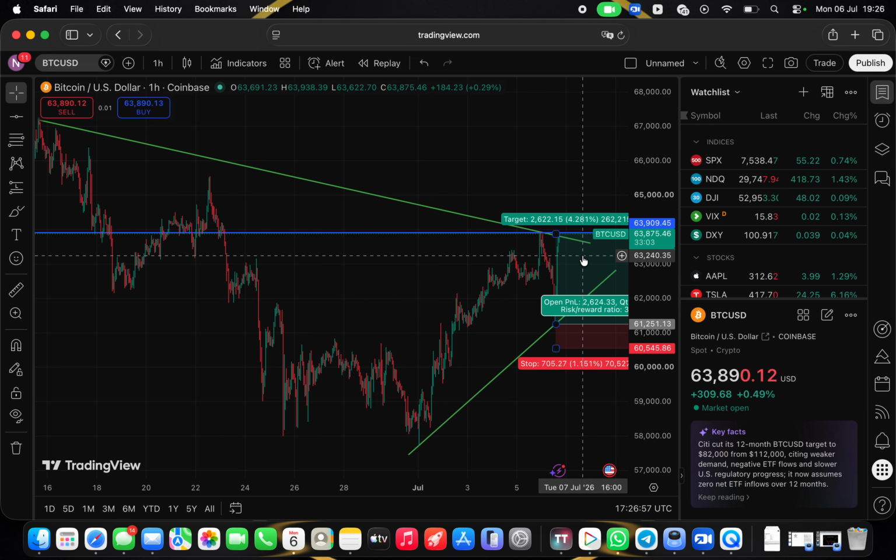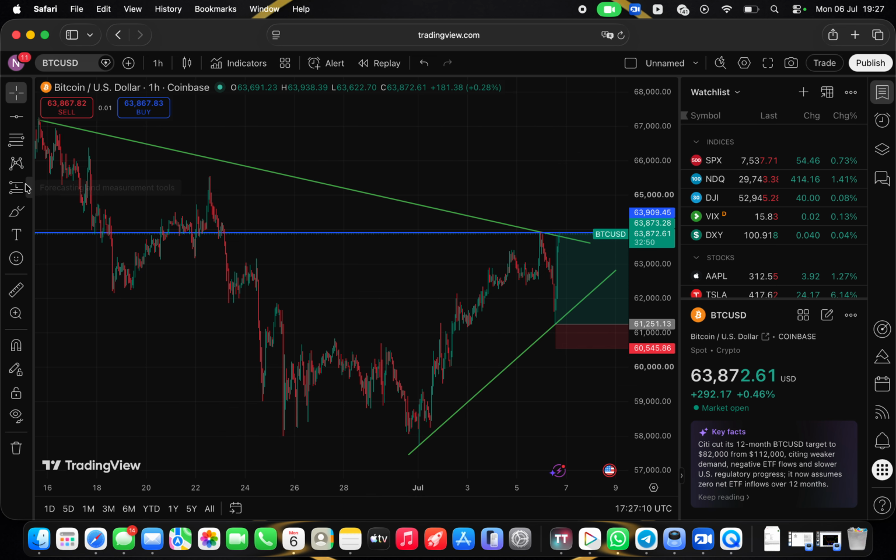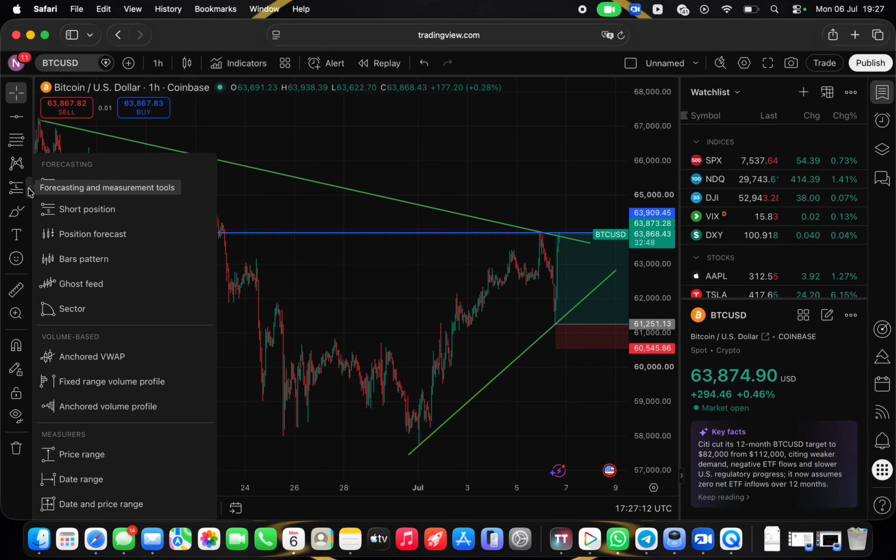So the advantage with this is that it will show you your risk to reward ratio, which is very important. If you are somebody who understands risk management, the forecasting section here is going to work perfectly fine for you.